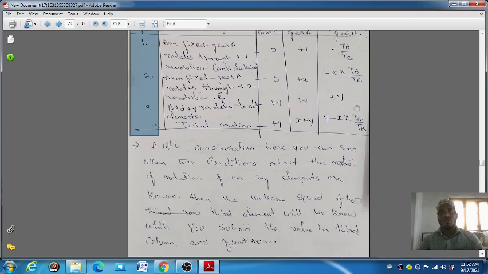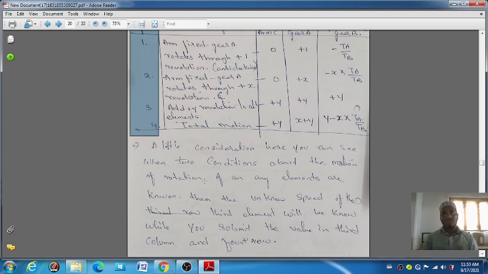Then after that, whatever the question gives, the conditions given, we find these values with the help of the tabular motion. Here is a small consideration: when two conditions about the rotation of any elements are known, then the unknown speed of the third element will be found by substituting the values in the third column.